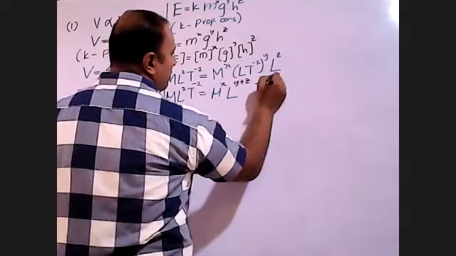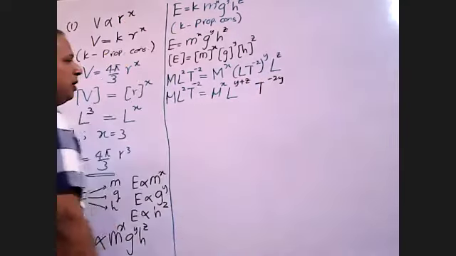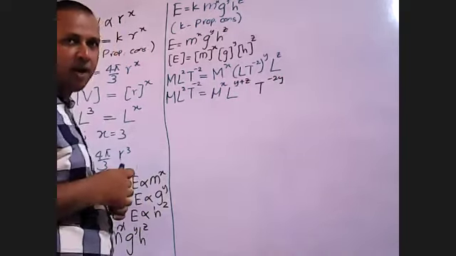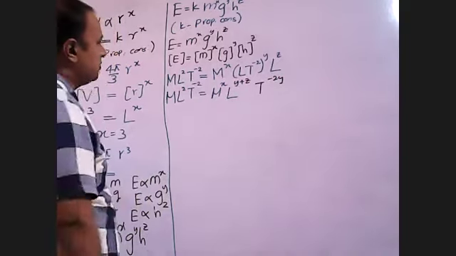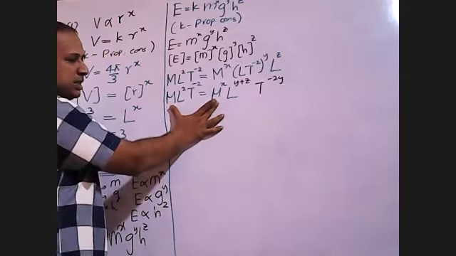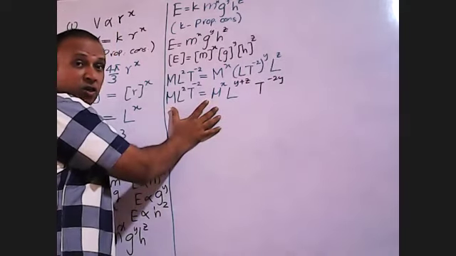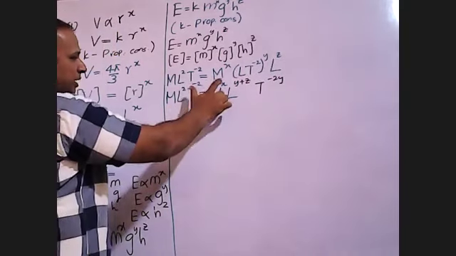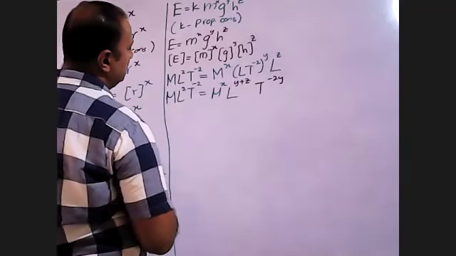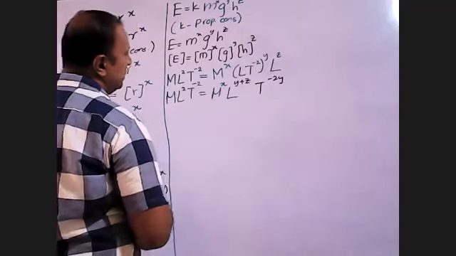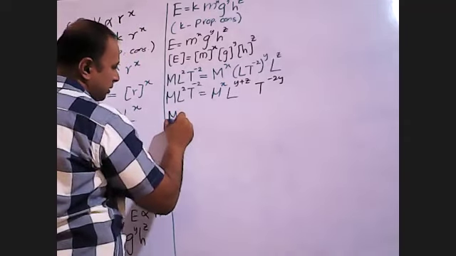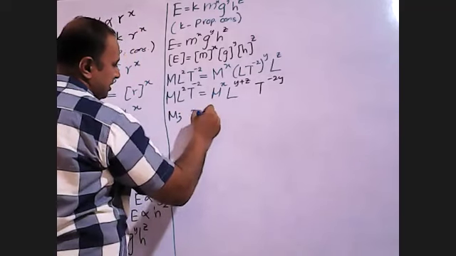Therefore, L to the power y plus z, then T to the power minus 2y. Now you can equate. The easiest one I can select is M, because when I equate the powers of M, it is very clear that x is equal to 1.